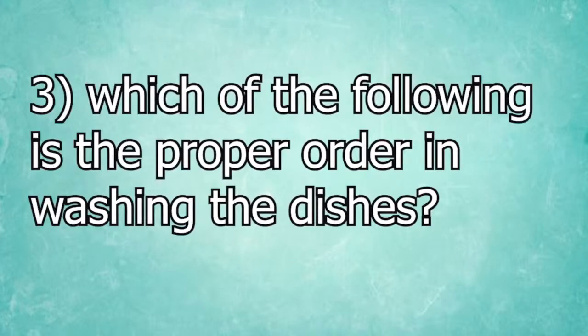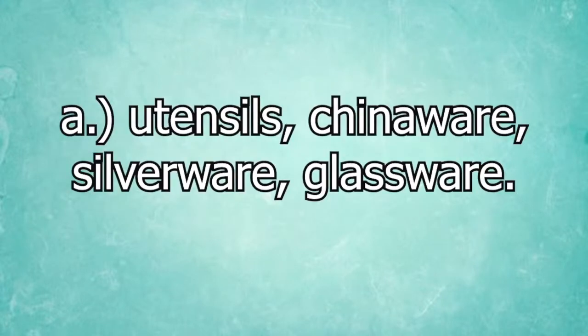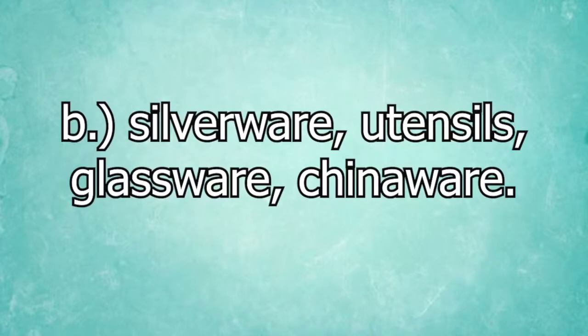Number 3. Which of the following is the proper order in washing the dishes? Letter A. Utensils, chinaware, silverware, glassware. Letter B. Silverware, utensils, glassware, chinaware.